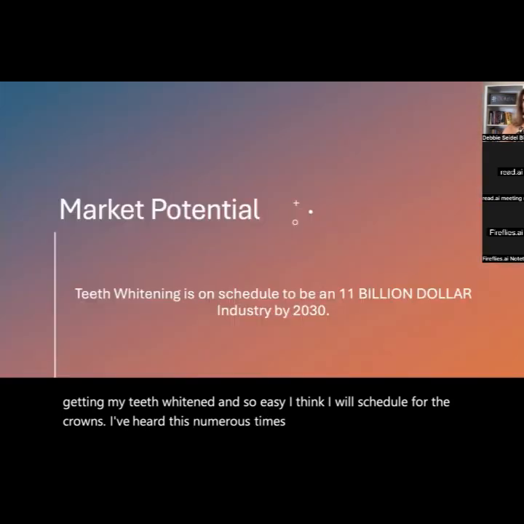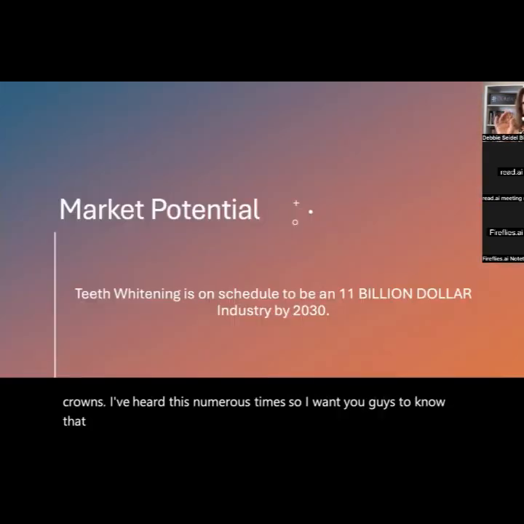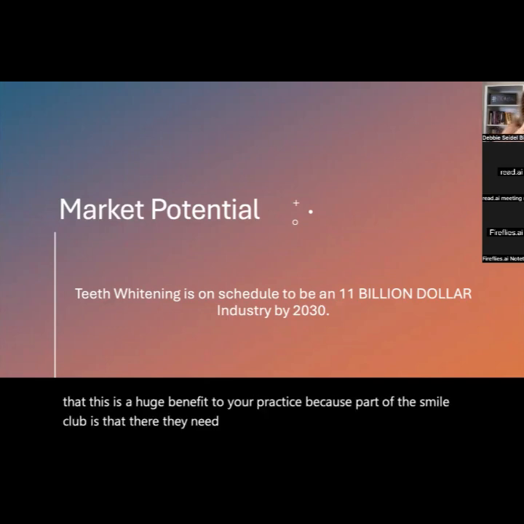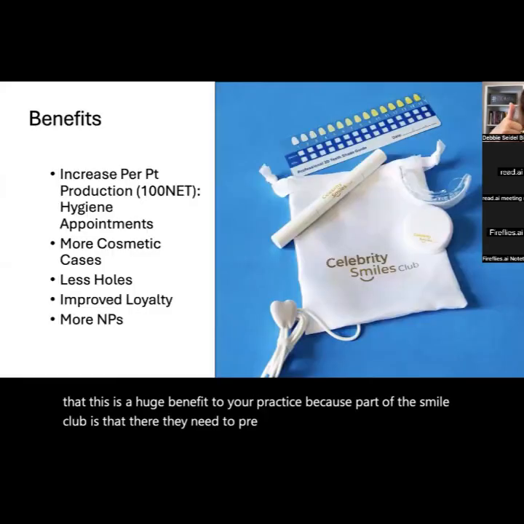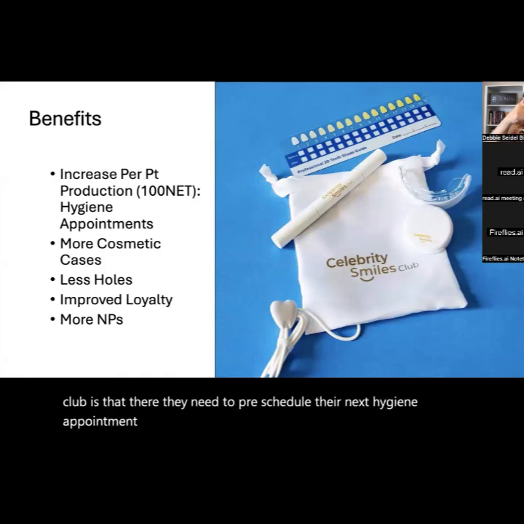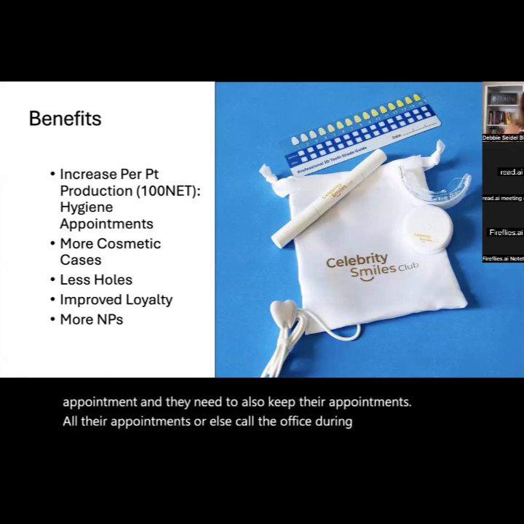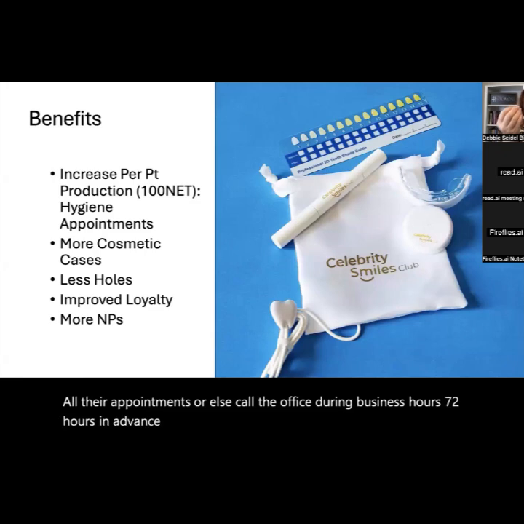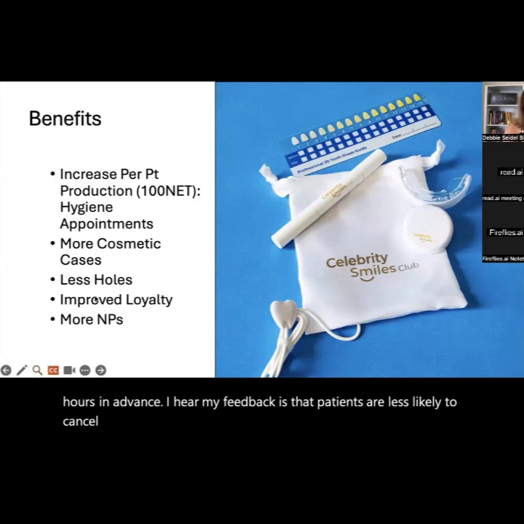So I want you guys to know that this is a huge benefit to your practice, because part of the Smile Club is that they need to pre-schedule their next hygiene appointment, and they need to also keep all their appointments, or else call the office during business hours, 72 hours in advance. My feedback is that patients are less likely to cancel last minute.